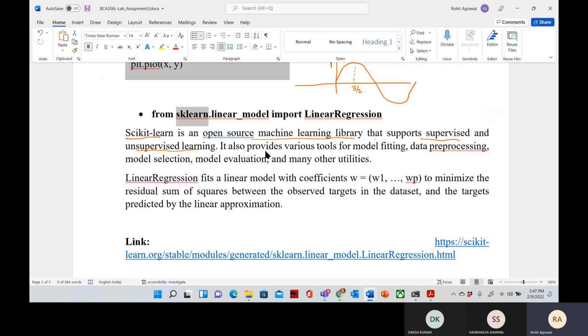It also provides various tools for model fitting. Model fitting, if you remember from the class, we were about to use this.